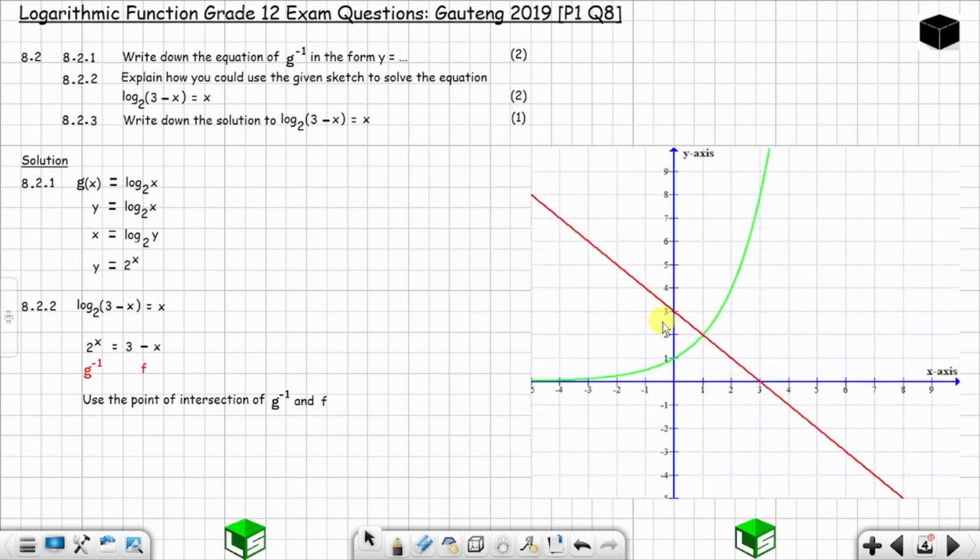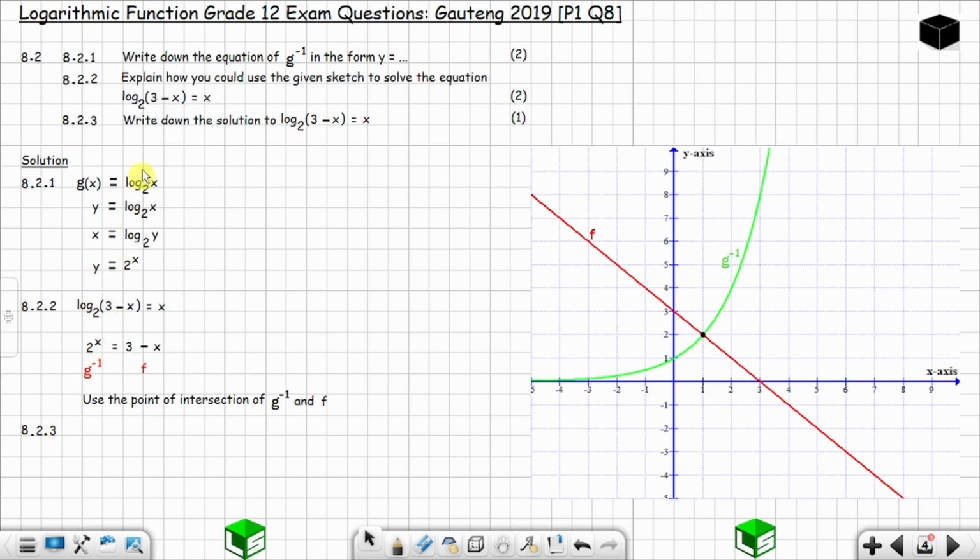This is the graph of the inverse of g, and this is the graph of f, the one given in the question. They intersect at that point. So this is why you have to use the point of intersection to solve this equation.